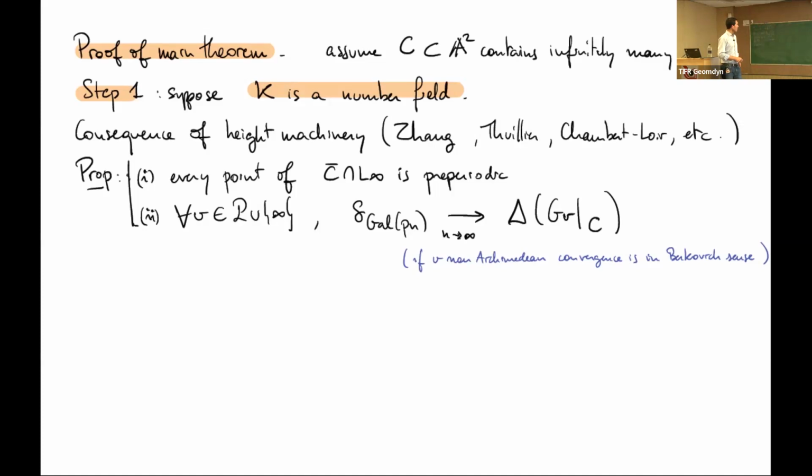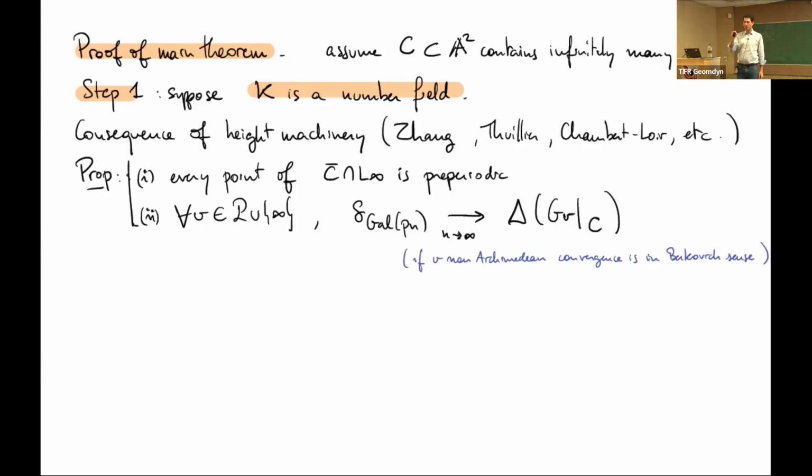Anyway, another important piece of information. Actually, we don't really use equidistribution, but it's useful for pedagogical reasons to state it like this. Another important consequence of this height machinery, which is a part of this Zhang theorem, is that all the points at infinity of your curve are points of dynamical height 0 with respect to the dynamics at infinity.